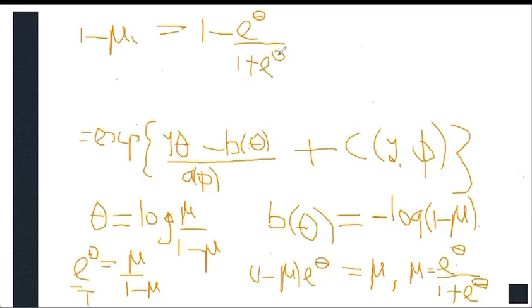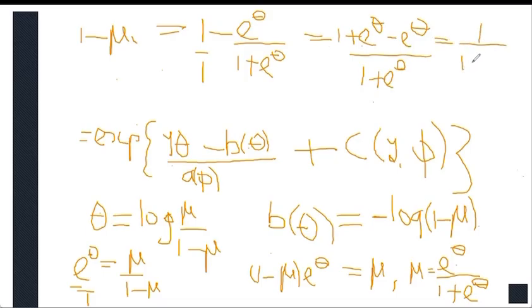By the time you simplify that, I'm going to have 1 plus e raised to power theta minus e raised to power theta in the numerator, which gives you 1 divided by 1 plus exponential raised to power theta.